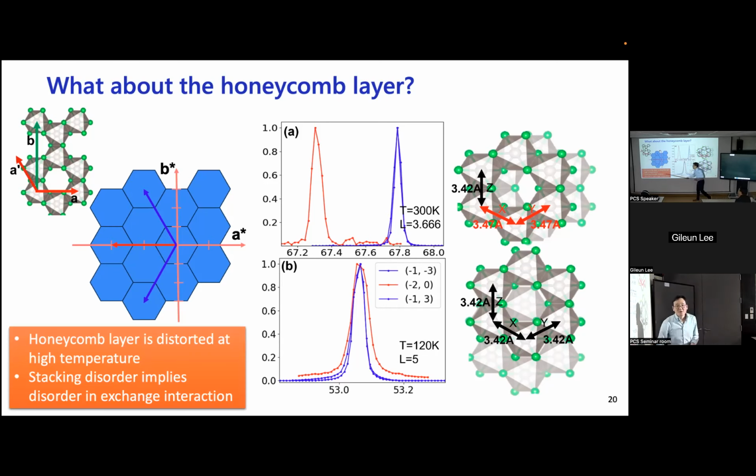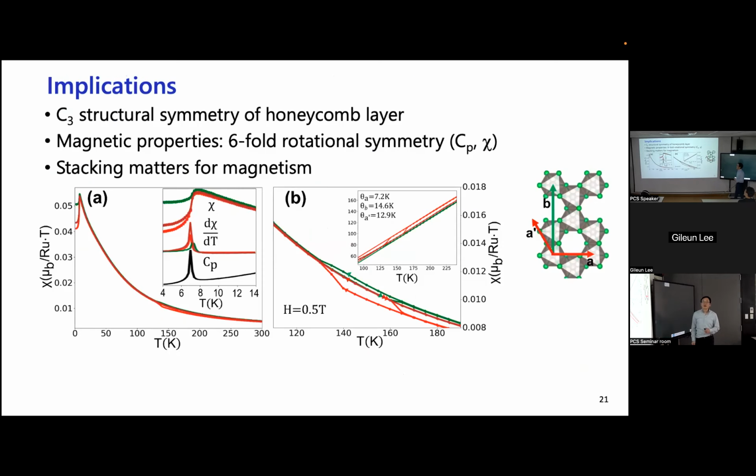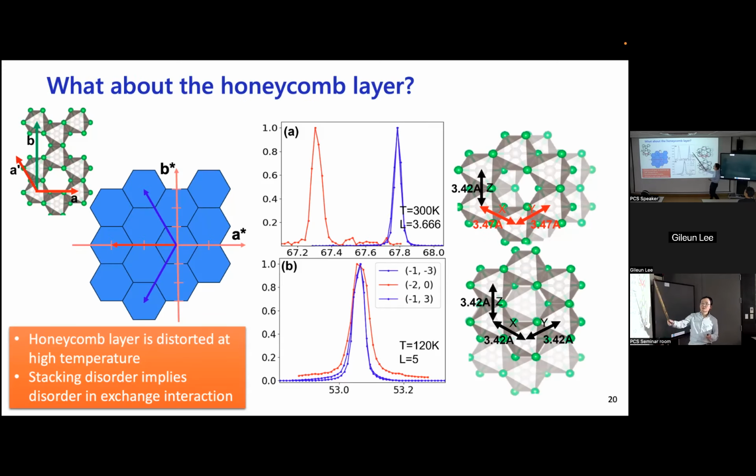This also means that stacking disorder implies disorder in the exchange interaction. If you have a mixture of this and that, you can no longer think of this as a purely isotropic Kitaev model. And we have a proof of that, going beyond the structure.